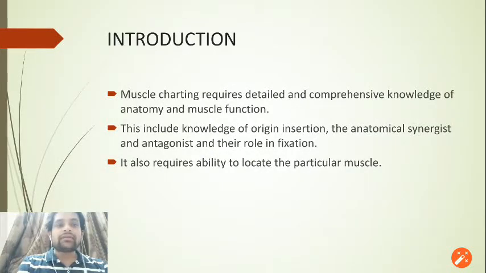Muscle charting requires detailed and comprehensive knowledge of anatomy and muscle function. This includes knowledge of origin, insertion, the anatomical synergist and antagonist and the role in fixation. It also requires the ability to locate the particular muscle.